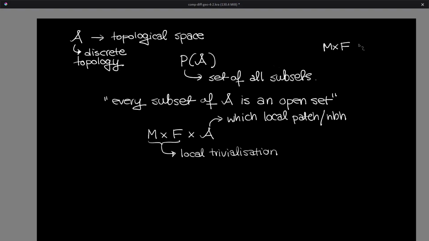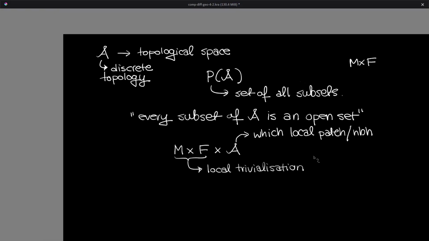It's not isomorphic to M cross F, but it is diffeomorphic, but local patches of the vector bundle will be. Because this is what we're doing in order to construct the vector bundle.